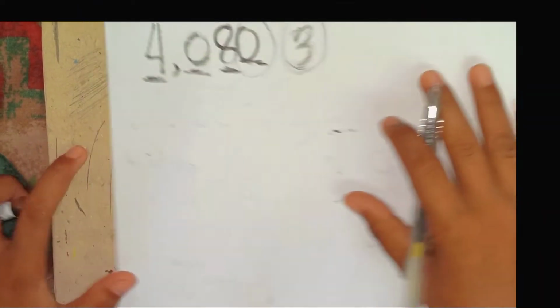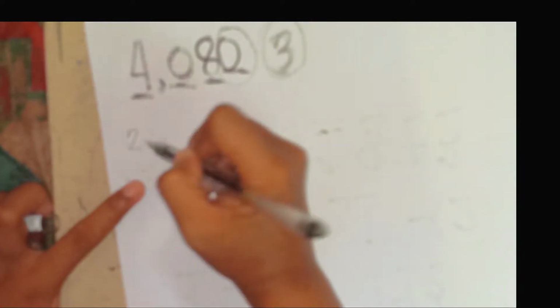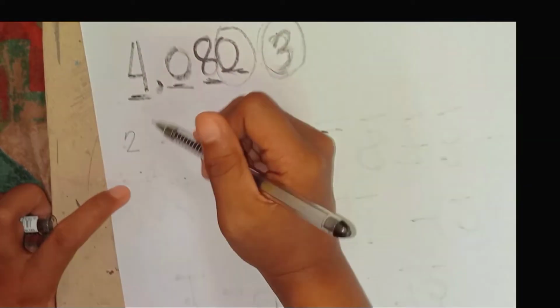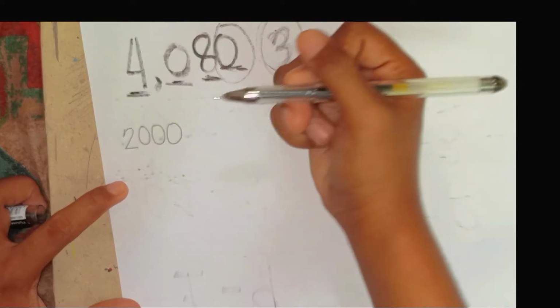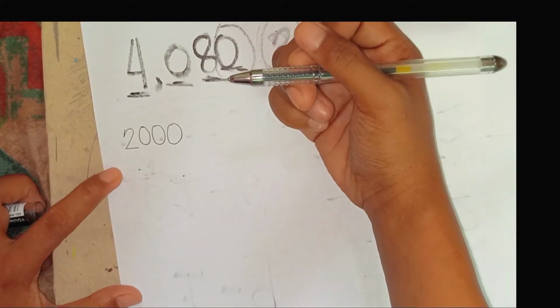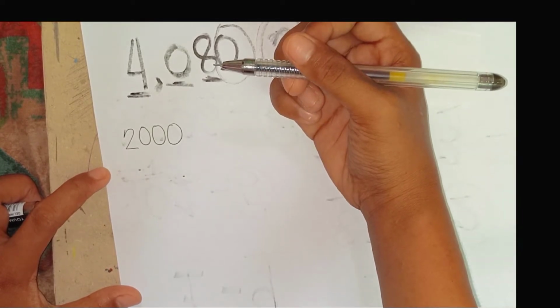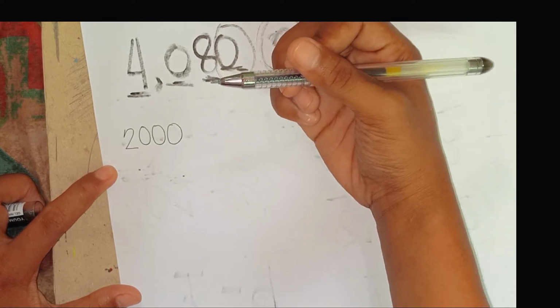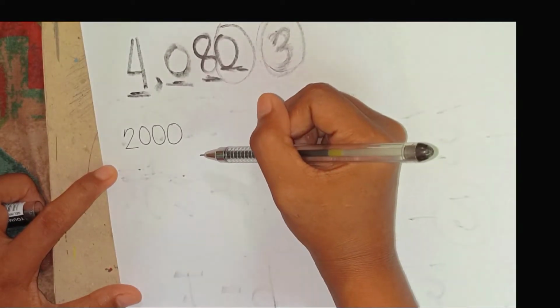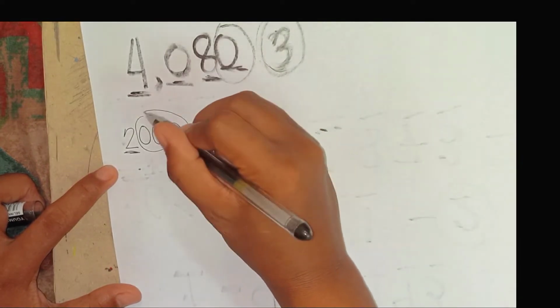So what about these? 2, 0, 0, 0. How many significant numbers does it have? So there are no decimal points, so all the zeros to the right of the number 2 are trailing zeros.